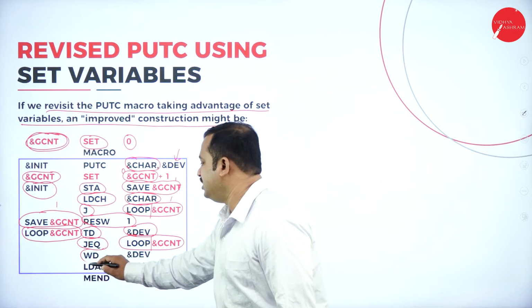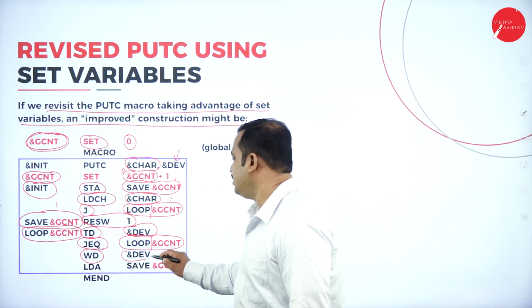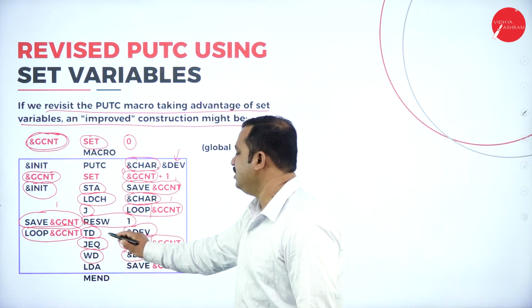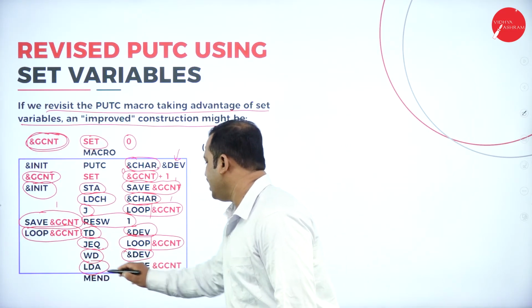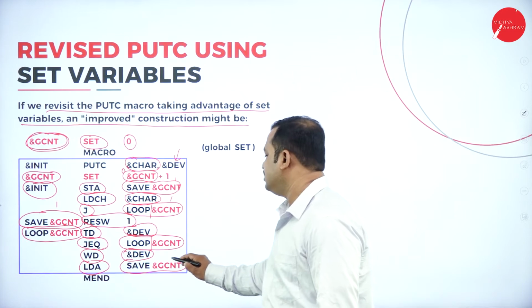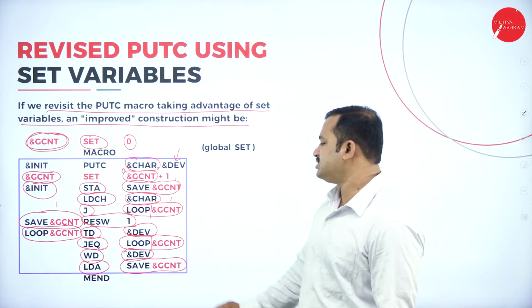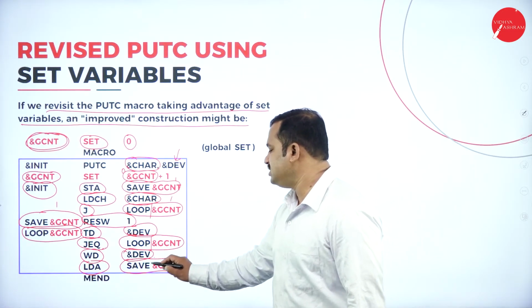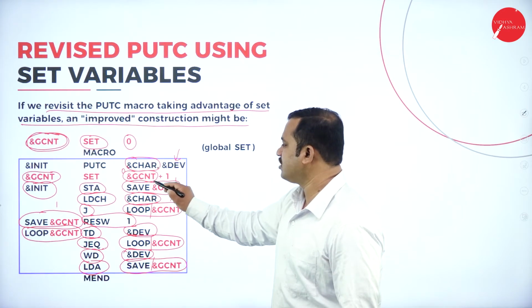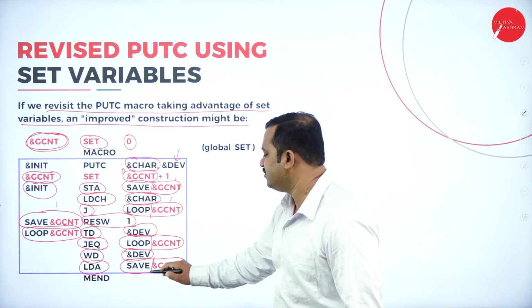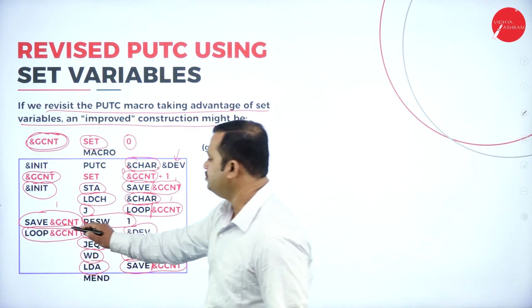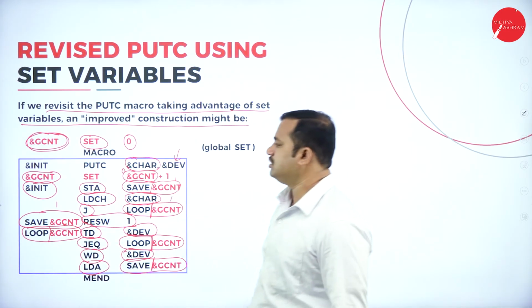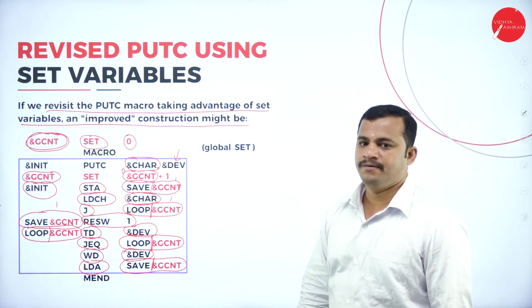Then we have WD ampersand device again, TD, WD. Then LDA, we have save ampersand GCNT. This indicates that we have GCNT 2 times here. We are going to save GCNT, save GCNT, loop GCNT, loop GCNT. Loop GCNT is in which location? It is in this location.